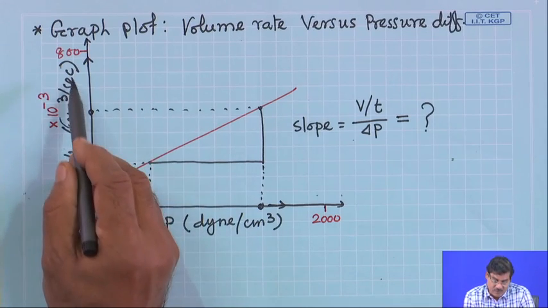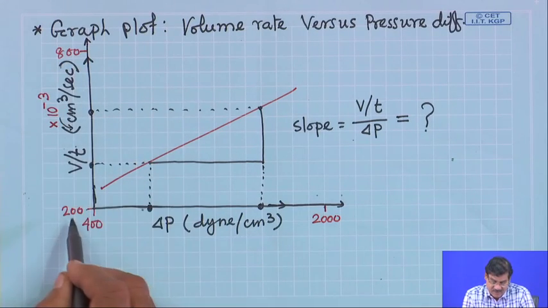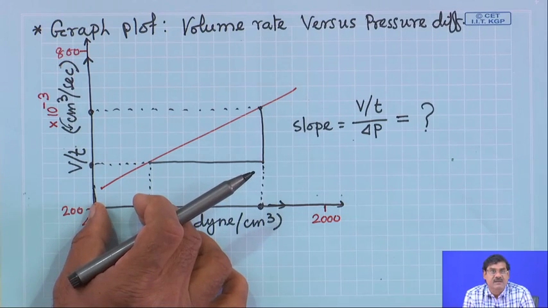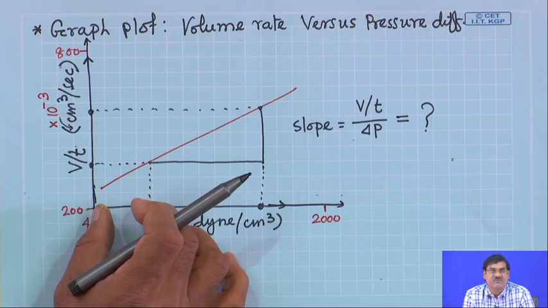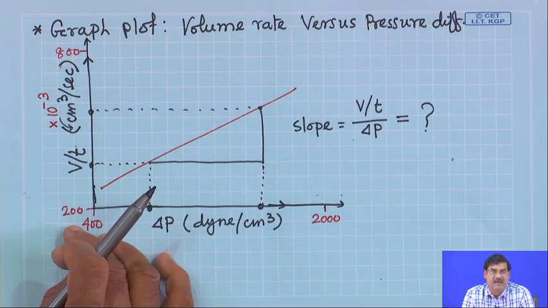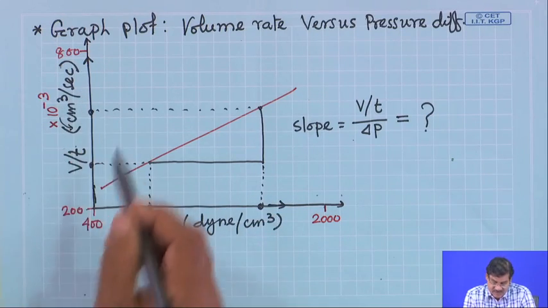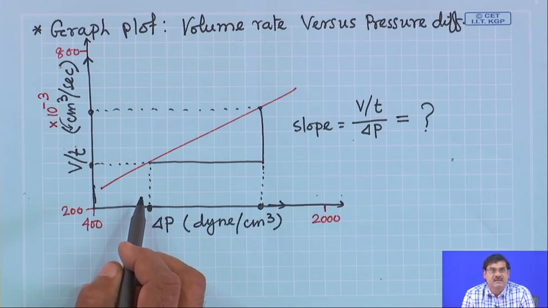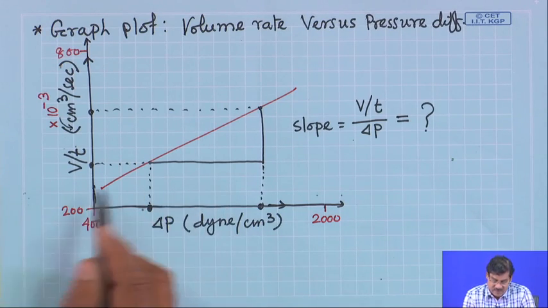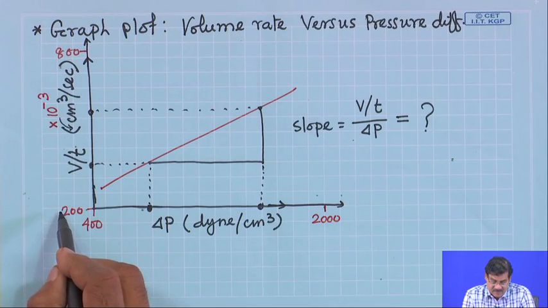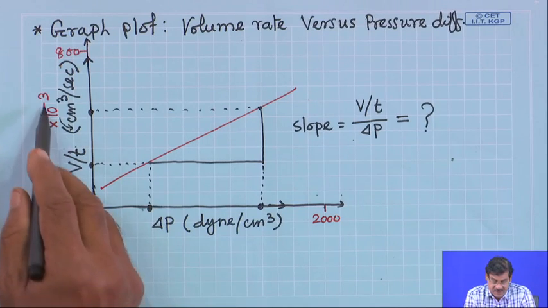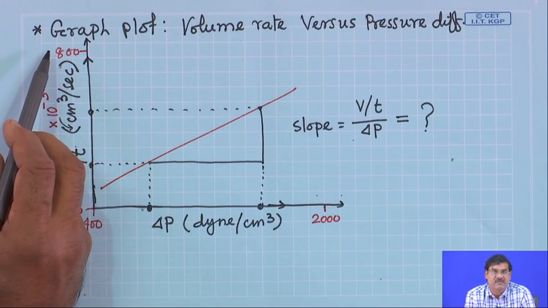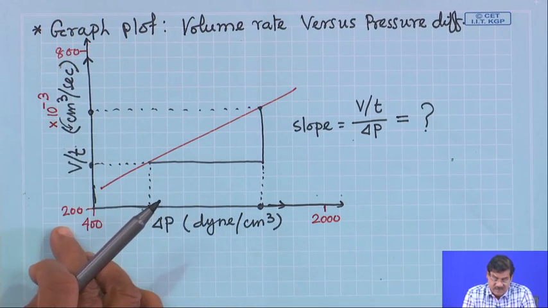Whatever number is in the bracket, like 200, the unit is cm cube per second, that is the meaning. So if I write 200 into 10 to the power minus 3 cm cube per second, instead you can write 0.2 here and 0.8 here.